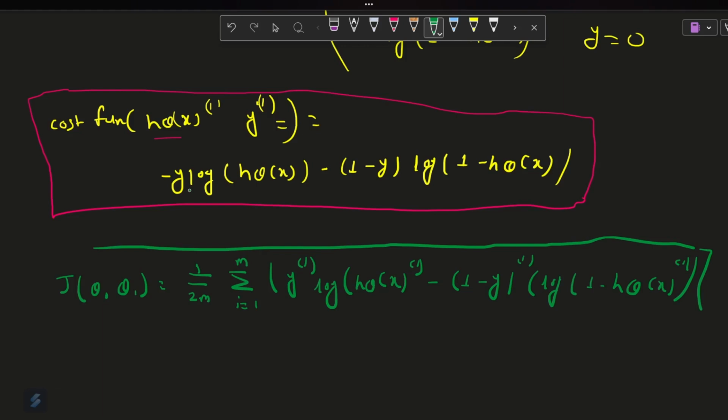Okay. And similarly, minimizing the cost function is the final aim, right?